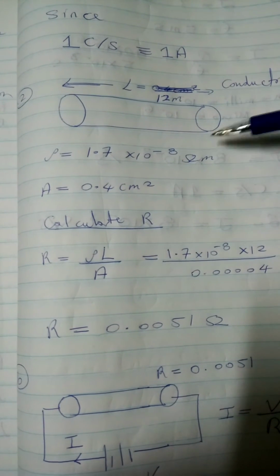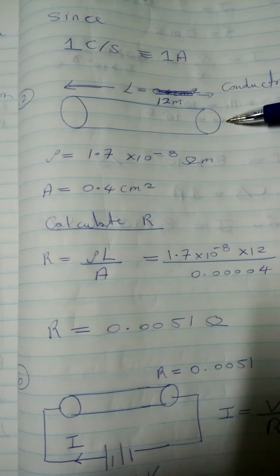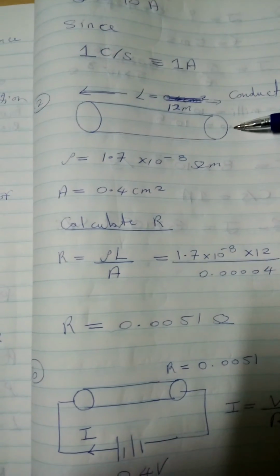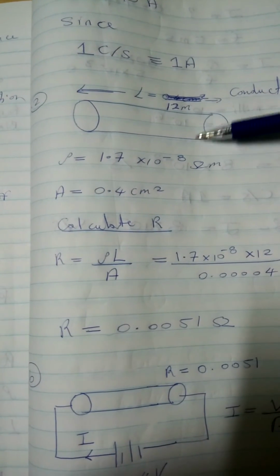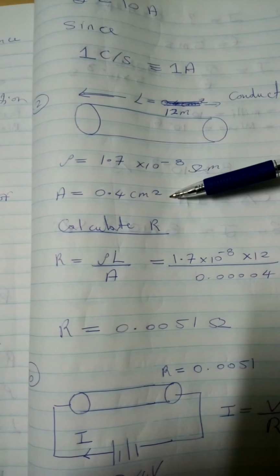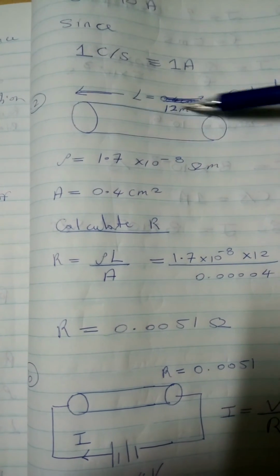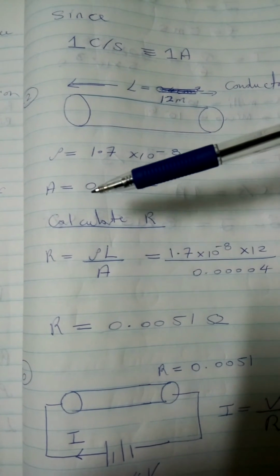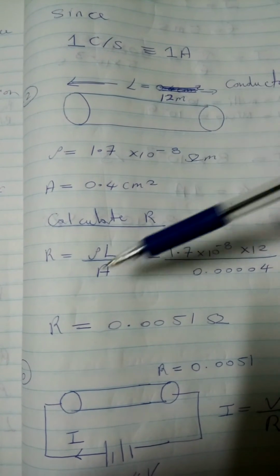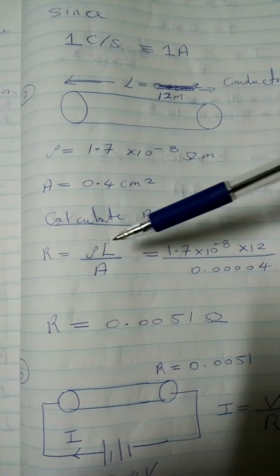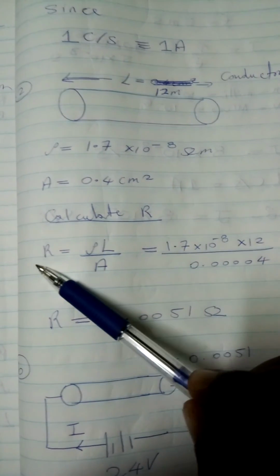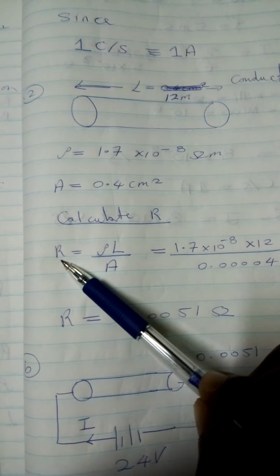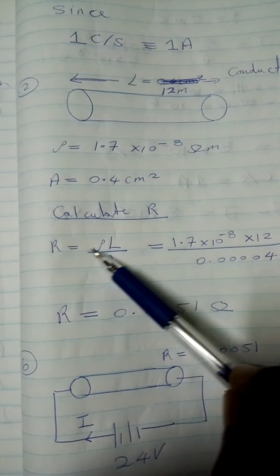What they want us to do is to calculate the resistance of this material given the length, the resistivity, and A. What we know is that there is a formula that relates R to the area, resistivity, and L, and that formula is R is equal to rho L over A. Here R stands for resistance, and the SI unit of resistance is ohms.